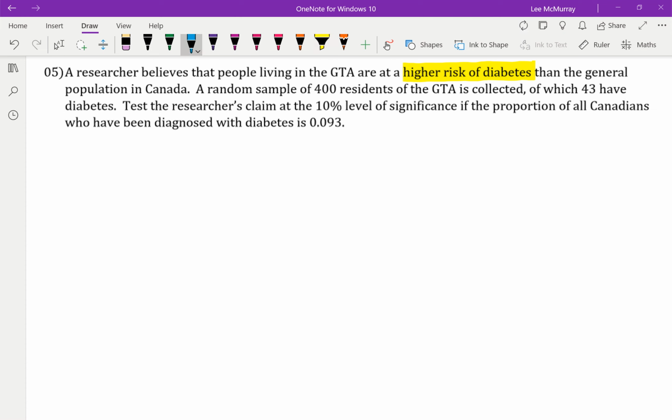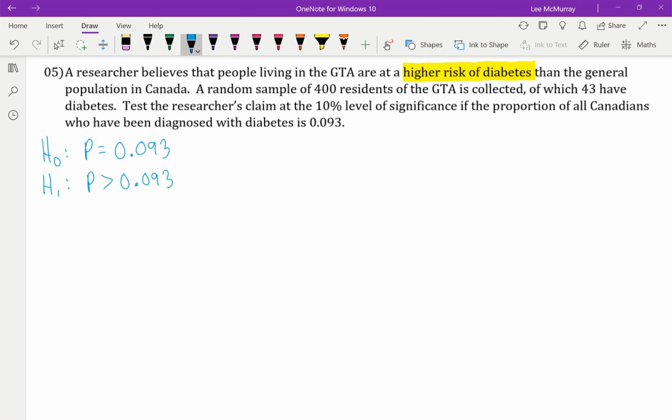So when we establish our H0 and our H1, our H0 is really easy, right? The proportion, now we're using p for proportion, is equal to 0.093. But the claim is that this guy believes the GTA people are at a higher risk, so it's a more than claim, and we're actually going to test that claim. So the alternative hypothesis reflects the actual claim that the proportion is greater than 0.093.